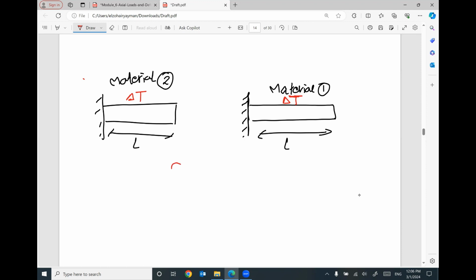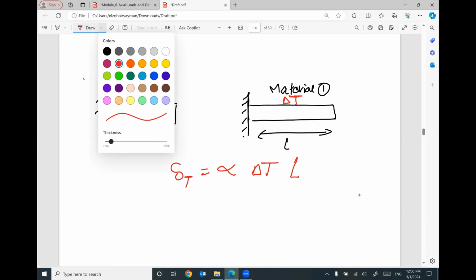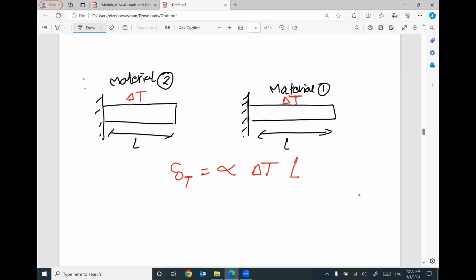Keep in your mind the expansion due to temperature equals alpha delta T times L. Since the two members have the same length and the same change of temperature, the only factor that will control which one will elongate longer than the other one is alpha.